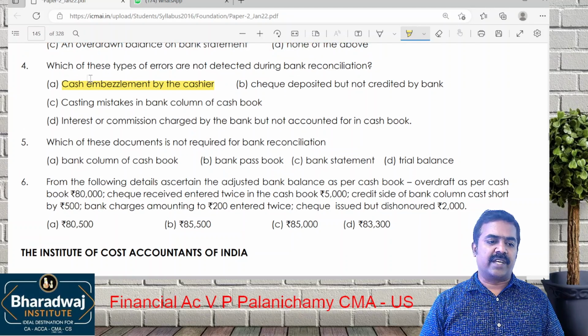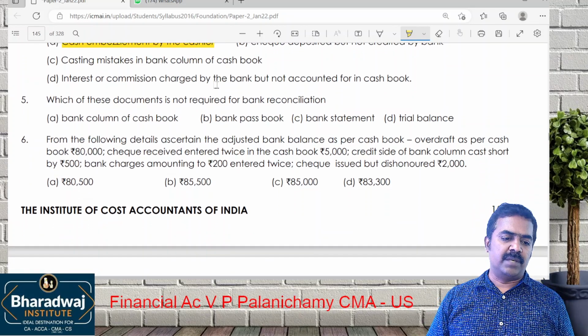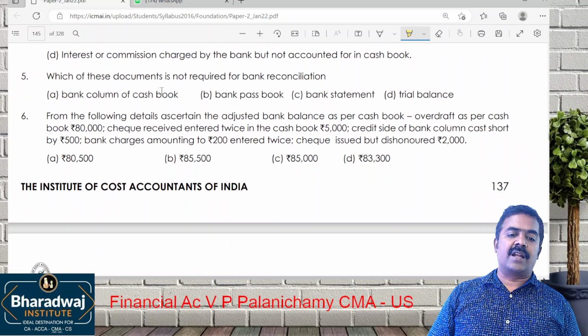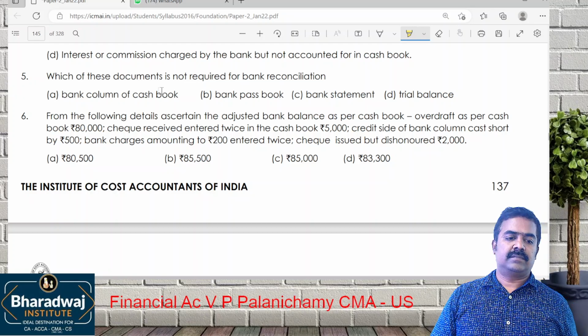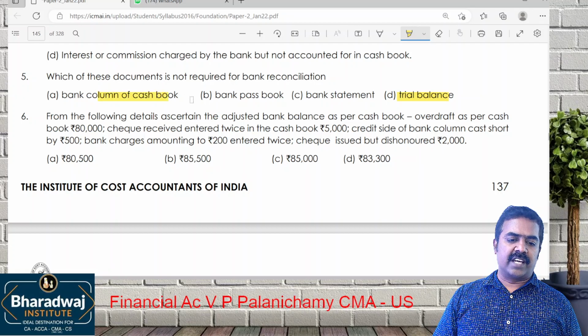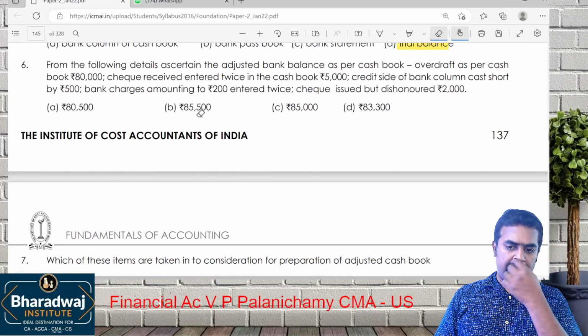No. So cash misused by the cashier cannot be revealed through BRS. Then, which documents are not required for BRS? Trial balance is not needed. We want the bank column of the cash book and the passbook or bank statement, but we do not want the trial balance.